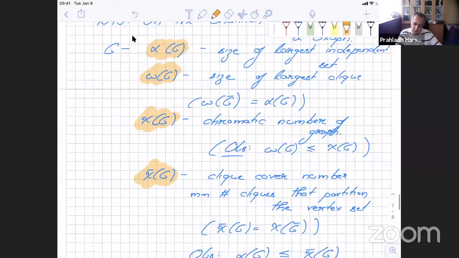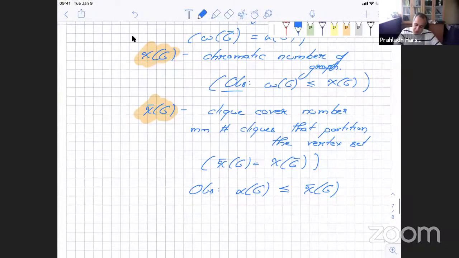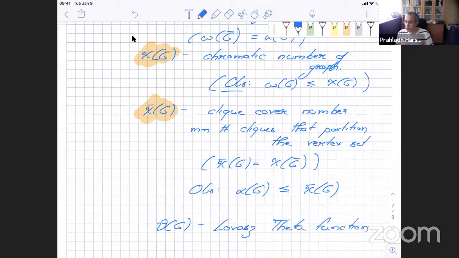What Lovász did was introduce a new function which we'll call theta of G, the Lovász theta function. For every graph, he defined this quantity. The nice thing about it is two remarkable properties.